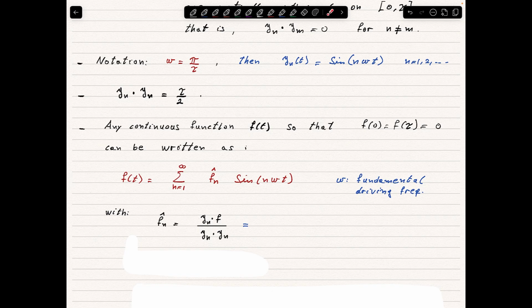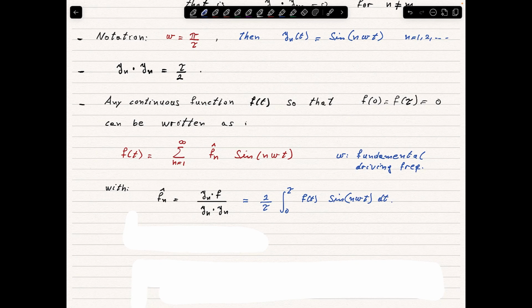This f hat n are just constants. We could call it C_n, but I chose to call it that weird way. And then we have here 2 over tau, the integral from 0 to tau of the original force times the sine of n omega t dt.